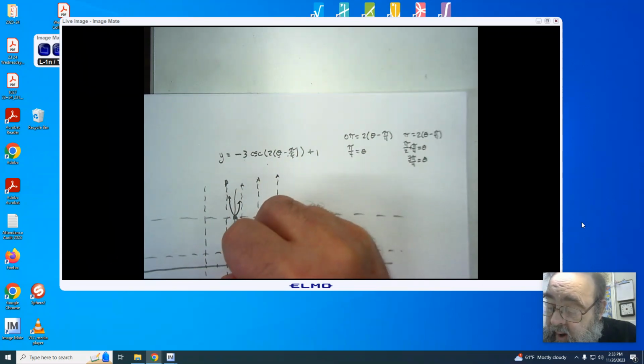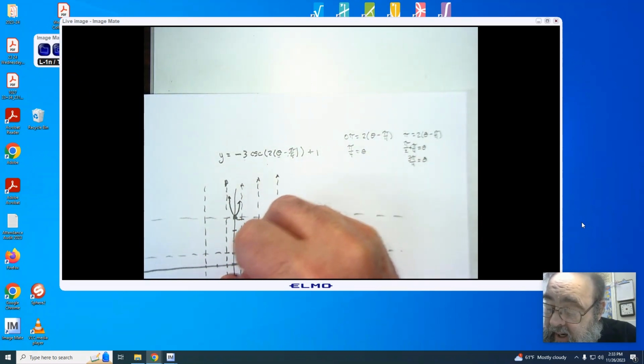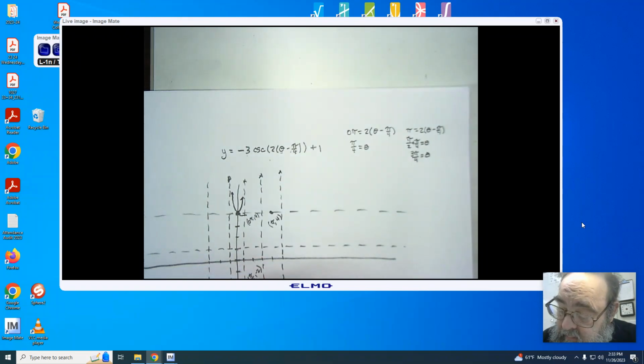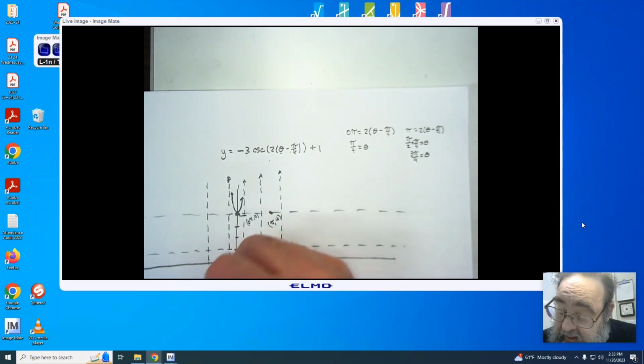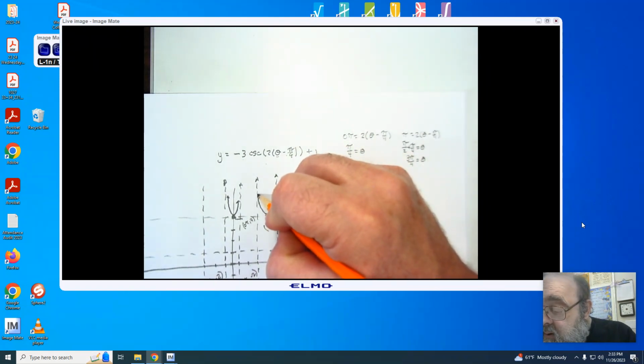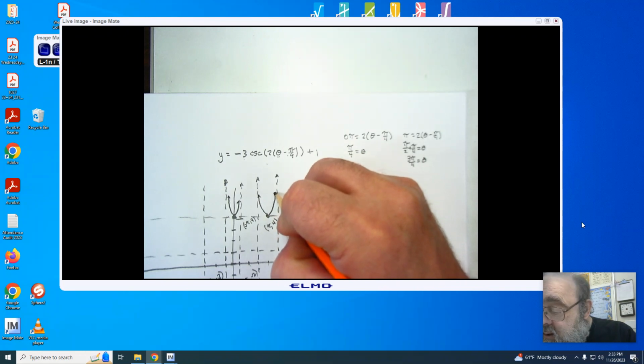So this point right here has to be 0 pi, 4, whereas this point, going down, has to be negative pi over 2, comma, negative 2. And you'll notice we now have 2 periods of our cosecant.